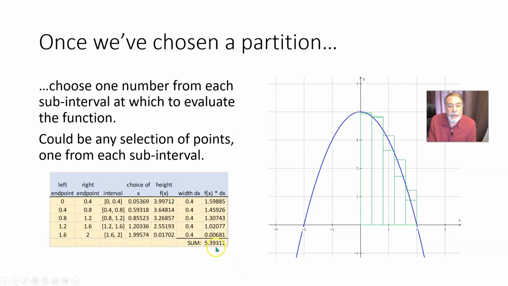And we are seeing slightly different sums for different choices, different ways of picking an x from each subinterval to plug into our function. But the smaller the subintervals are, the less of a difference it makes which x we choose from each subinterval. In a sense, we're going to be shrinking the subintervals down to 0.